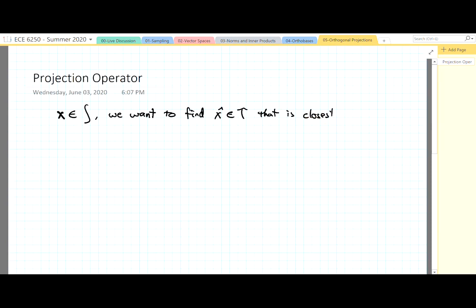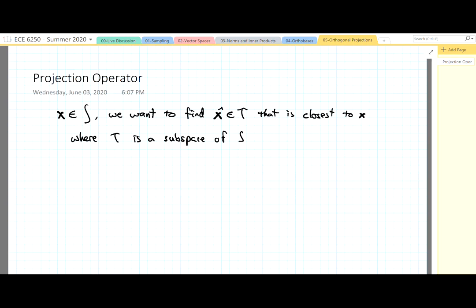So we want to find x hat in some subspace that is closest to x, and where, of course, t is a subspace of S.